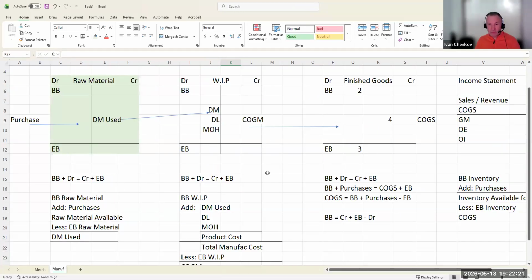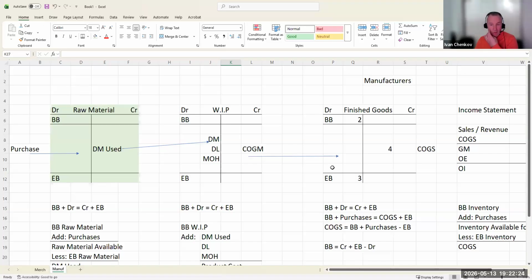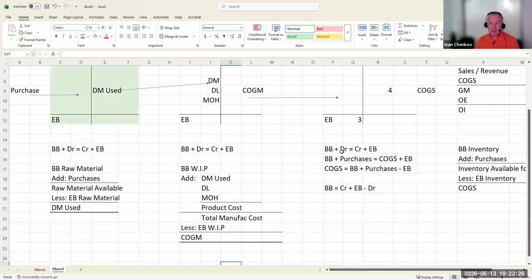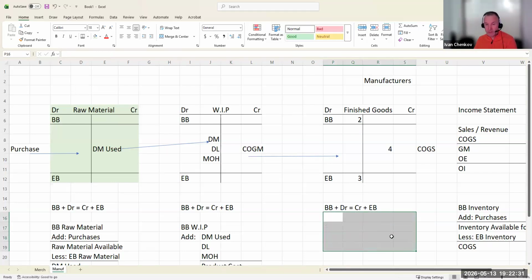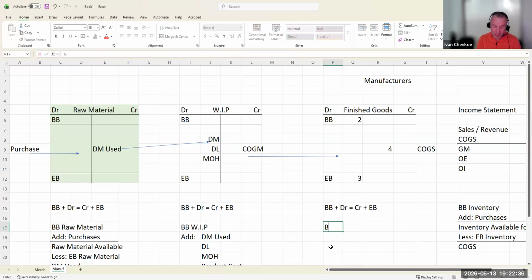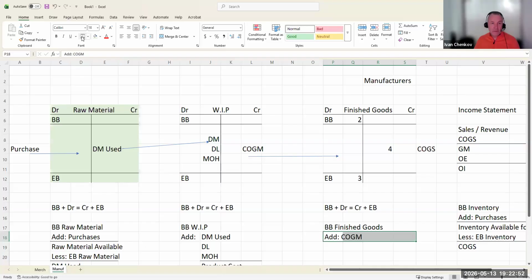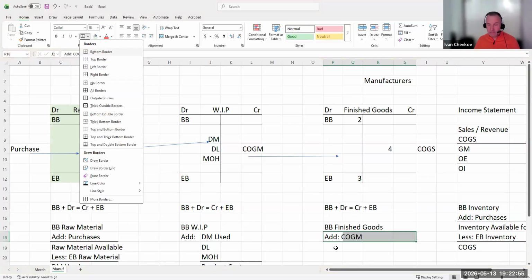Now, once I get cost of goods manufactured, I'm going to go here and get the calculation for the finished goods. For the finished goods, what do I need? I'm going to get the beginning balance of the finished goods. Then I'm going to add cost of goods manufactured. And that's going to give me finished goods available for sale.